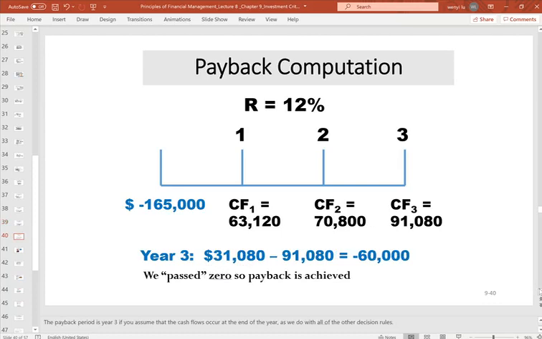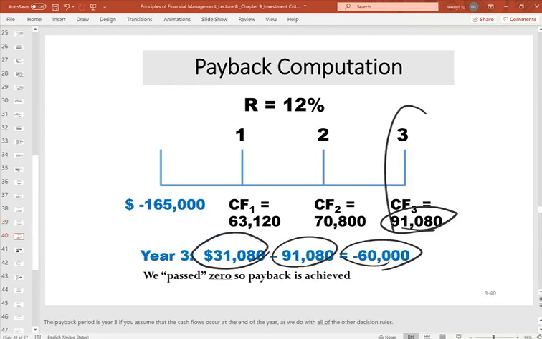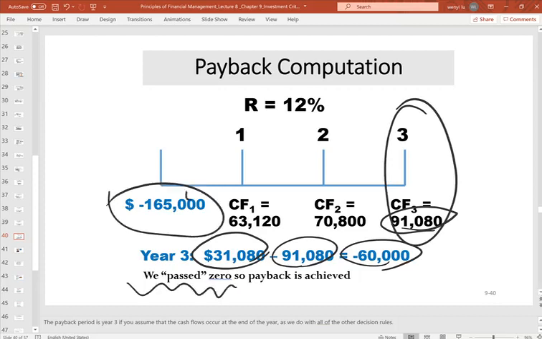In the third year, you see the total inflows are more than the remaining balance, so you actually pass zero. Our initial cost is totally recovered.